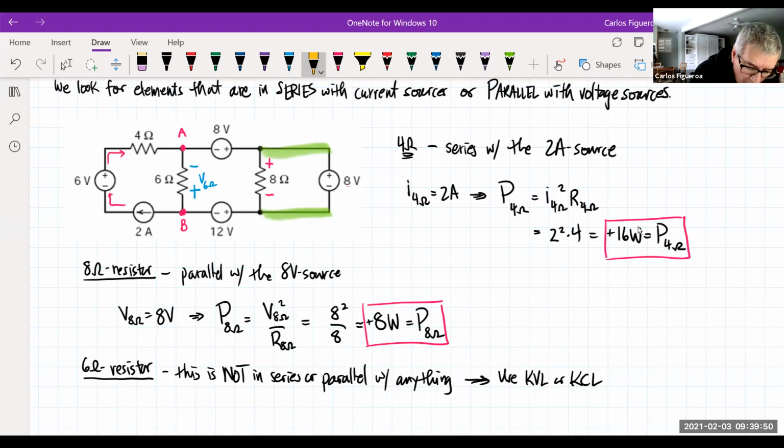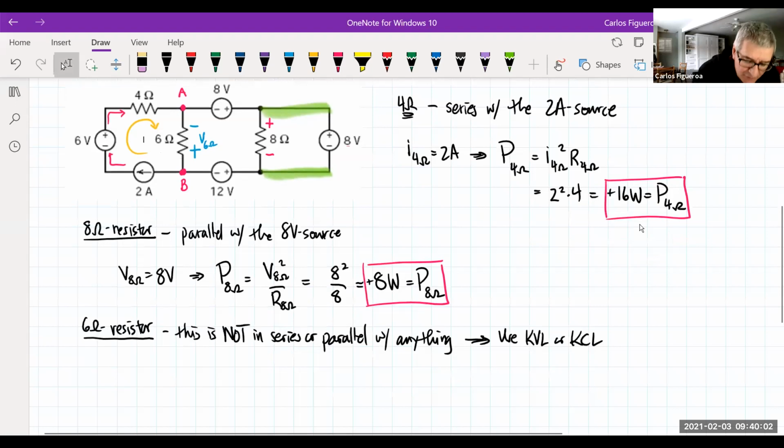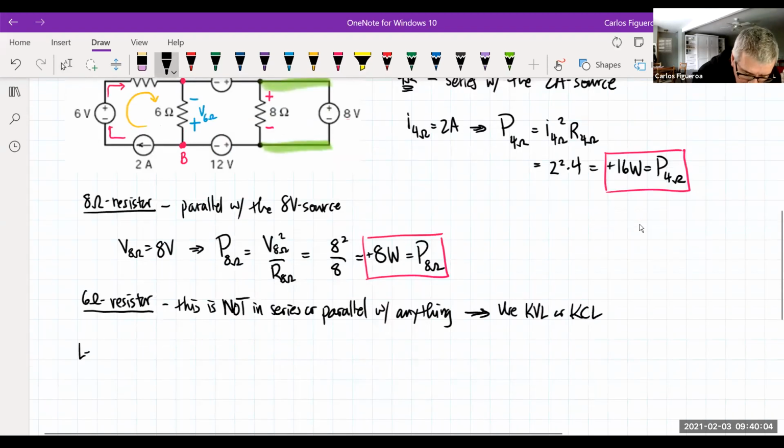If I go a path like this to try to get the voltage across the 6 ohm resistor, look what happens here. So I'm going to use the left loop to get the voltage of the 6 ohm.